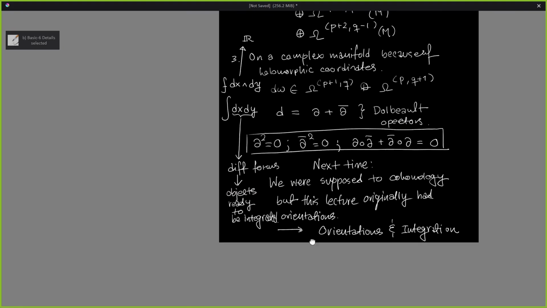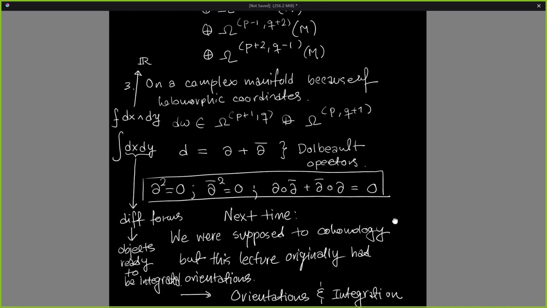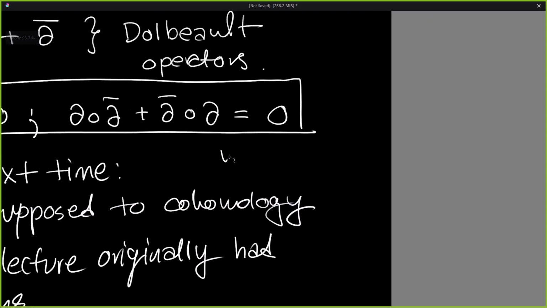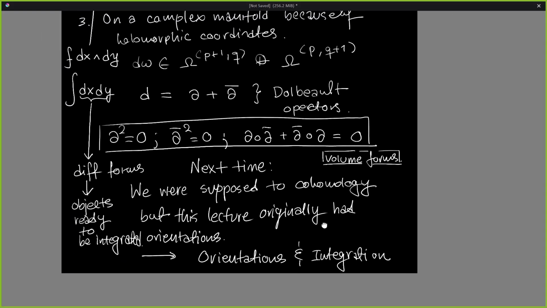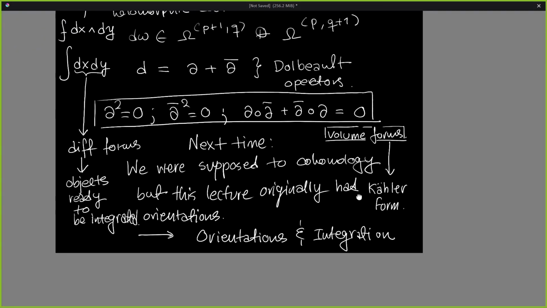So we'll look at orientations and volume forms. Volume forms have a lot to do with, I think, symplectic manifolds, and so they're going to be important to define something called the Kähler form, which is central to something becoming a Kähler manifold.